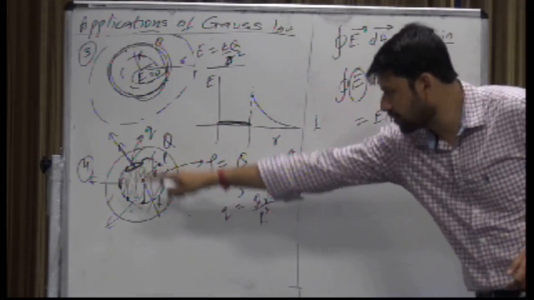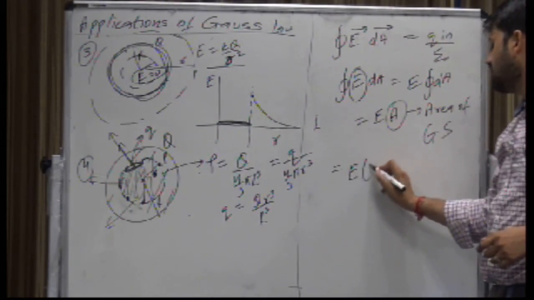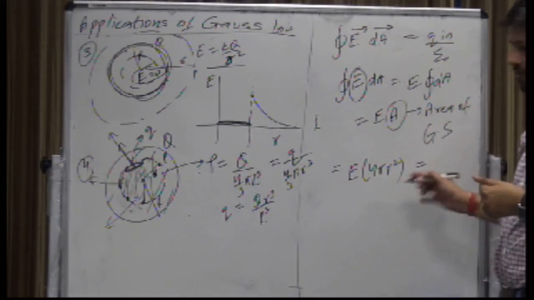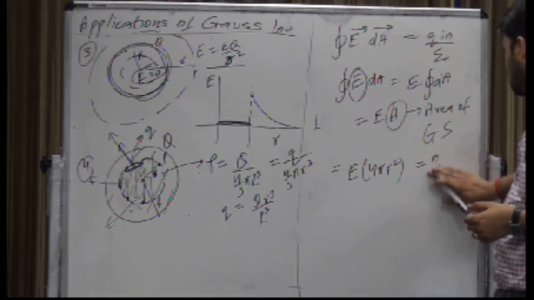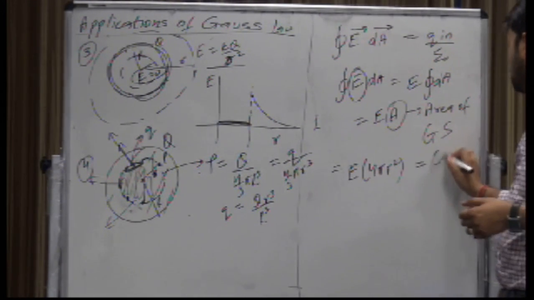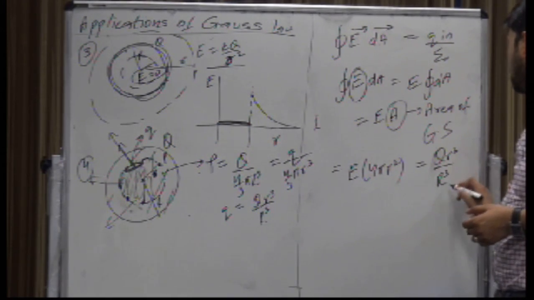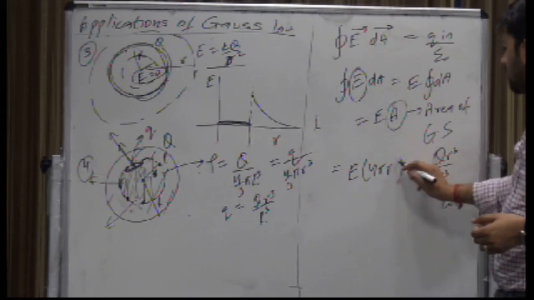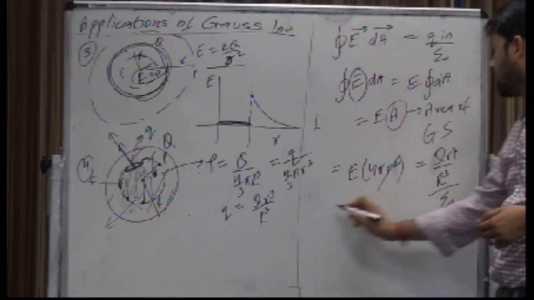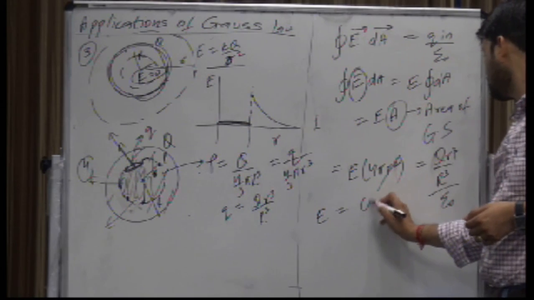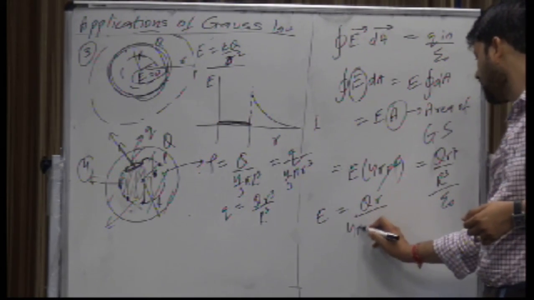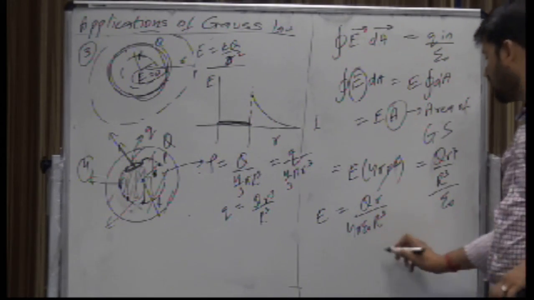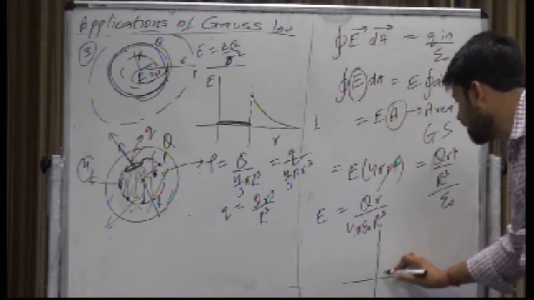For a Gaussian surface of radius r, it is E 4 pi r square, and it is equal to the charge inside, Q inside, upon epsilon naught. So r square would cancel, one r would remain, and E would be Q r upon 4 pi epsilon naught R cube, or KQr by capital R cube. The graph for this would be, this is the inner portion, it would be like this.